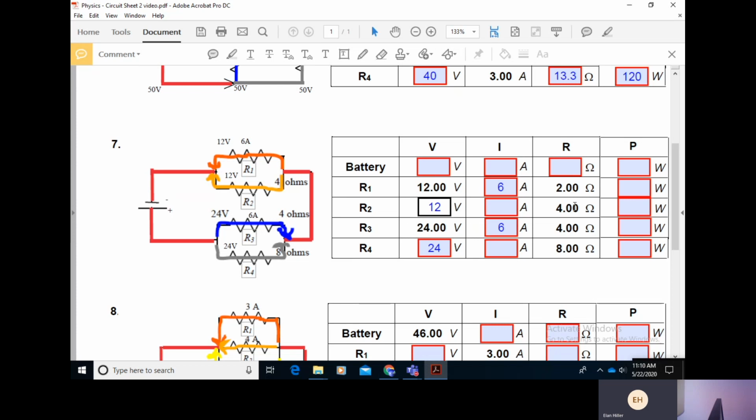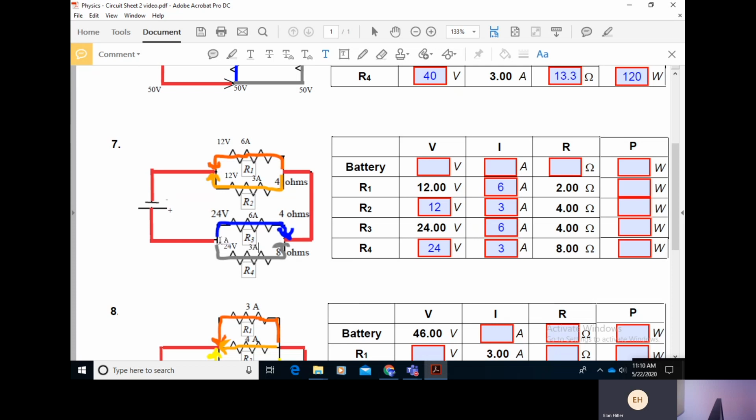If I take 12 volts divided by 4 ohms, I get 3 amps of current going across this pathway. And if I take 24 volts divided by 8 ohms, I also get 3 amps of current going across this pathway, the gray pathway down here.